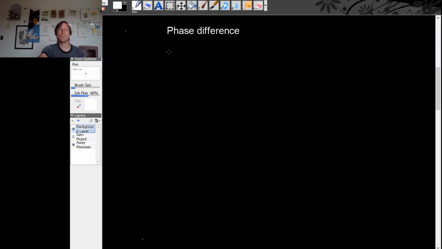So if you have two sinusoidal functions, I'm going to call them y1 and y2. The first one will have some amplitude a1 times sine of kt minus, let's call our first phase angle c1. For this all to make sense, the two sinusoidal functions will need to have the same angular speed, so the same period as well.